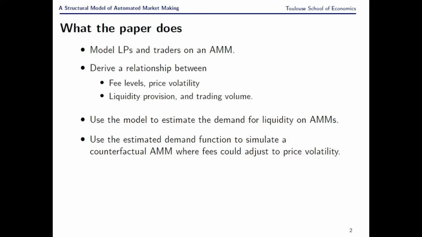So the core of the estimation is: can we estimate this demand for liquidity? And of course, the big upside of having a structural model is that once you have this estimation, you can do counterfactuals. You could look at what happens if, instead of having this fixed fee level, I can adjust this fee level when volatility changes.